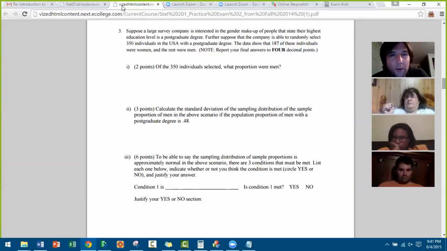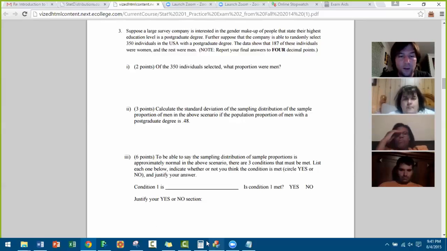So they're trying to figure out the gender makeup of people that state their highest education level is postgraduate degree. So we randomly select 350 people with a postgraduate degree. The data show that 187 of these individuals were women and the rest were men. Of the 350 selected, what proportion were men?